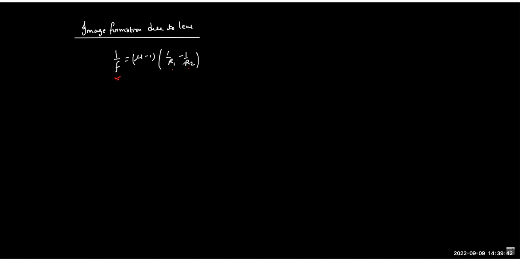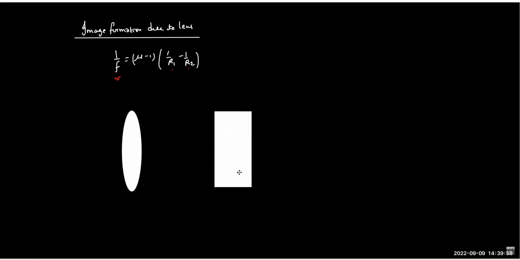Sometimes they will give you the f and mu, and that is the special case of the equiconvex lens, equiconcave lens.